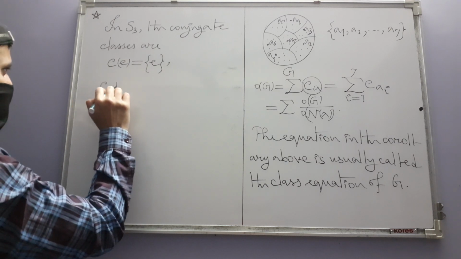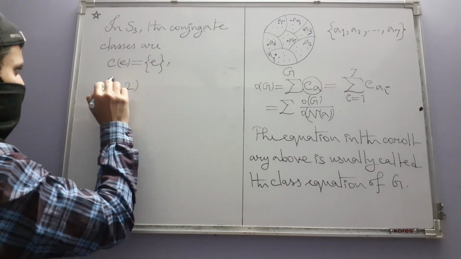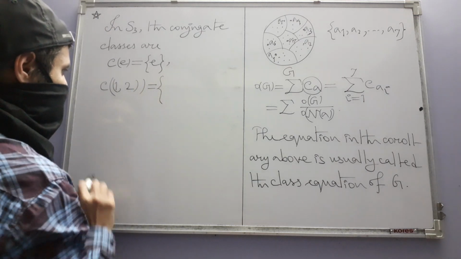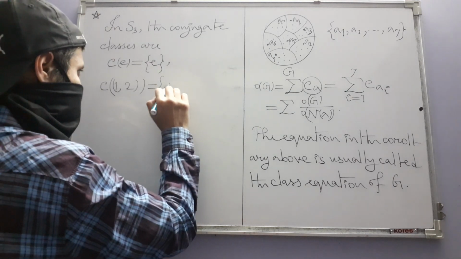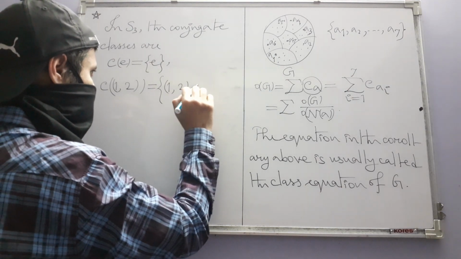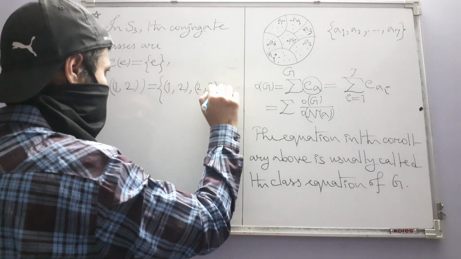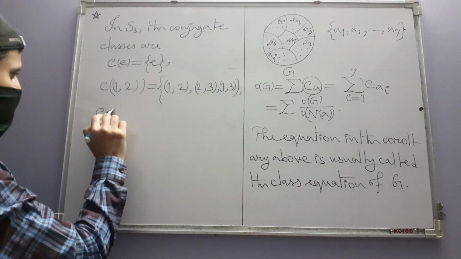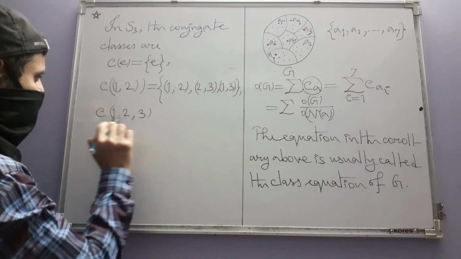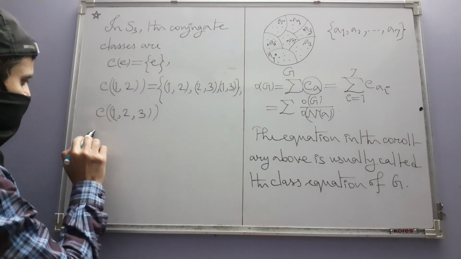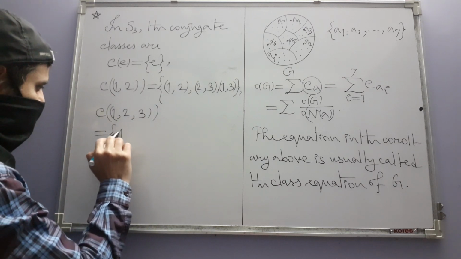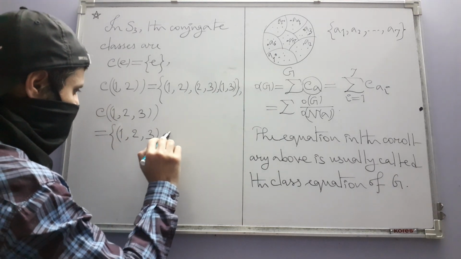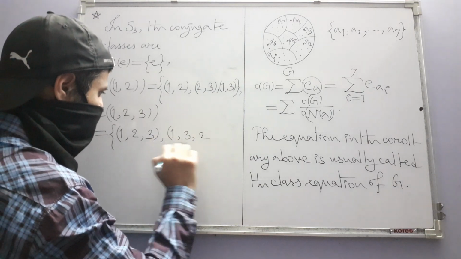Another conjugate class is one which contains the two cycle, the transposition (1 2), and this consists of all the two cycles. And there is another one which contains the 3 cycle, and it consists of all the 3 cycles, of which there are only 2 in S3, (1 2 3) and (1 3 2).